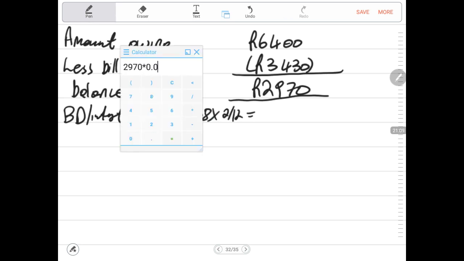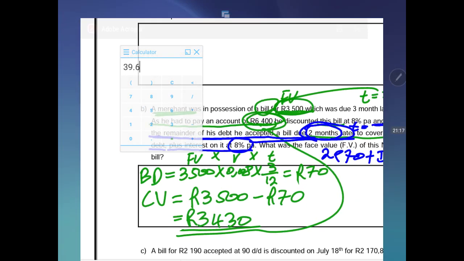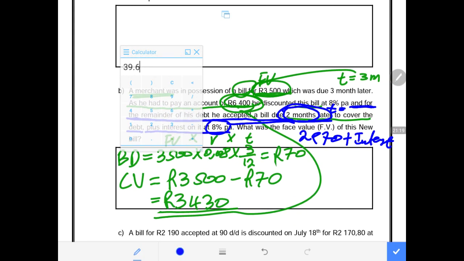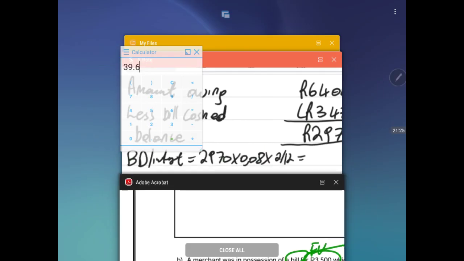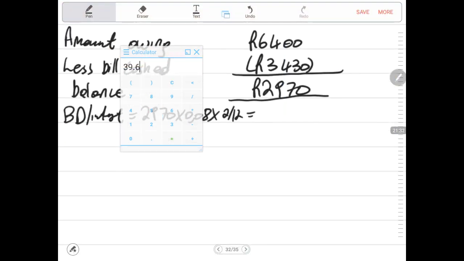Let us verify if the interest is still at 8%. Yes, interest is still sitting at 8%. So now meaning the bank will charge interest at 39 rand 60 cents.